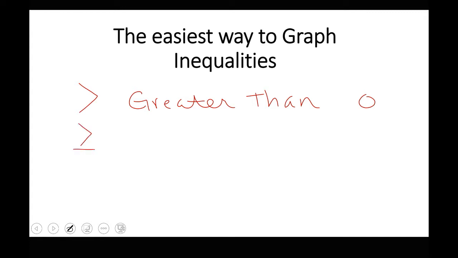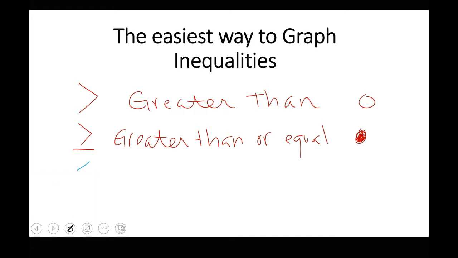Okay, you may see the same symbol but with a line under it, and that means greater than or equal to. So how we show that the number could be equal is we color in that circle. So we call that a closed circle.